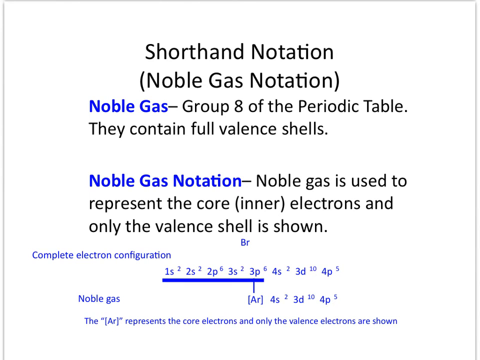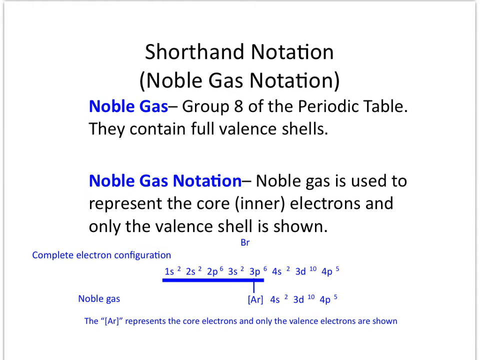All of those elements, with the exception of helium, have 8 electrons in their outer shell. Noble gas notation is used to represent the core inner electrons, which would be the symbol of the element that we'll put in brackets, and only the valence shell electrons will be shown in terms of configuration.